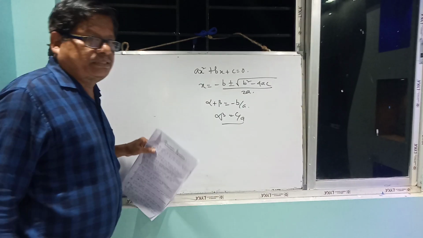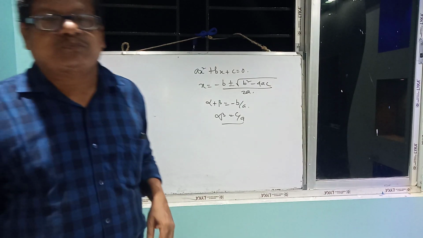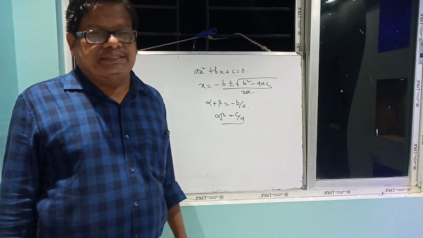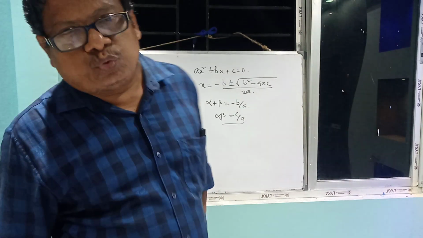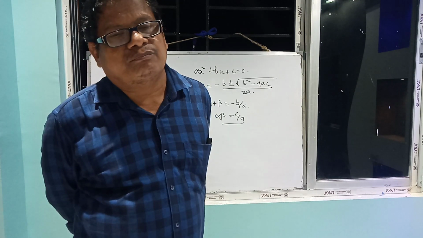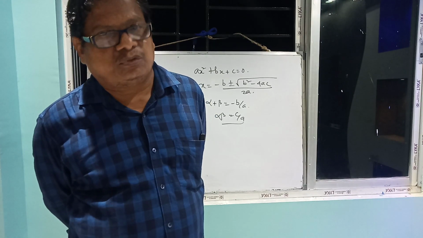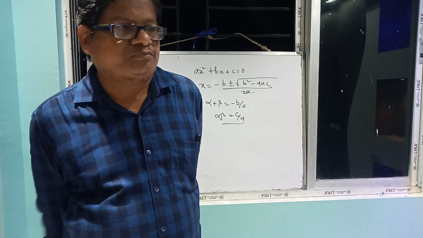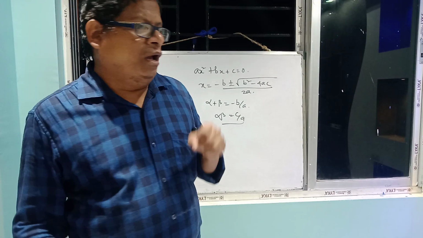Everything I have discussed, and nature of the roots also. If D greater than 0, two distinct real roots; D less than 0, no real roots; D equal to 0, then equal roots. Already discussed.